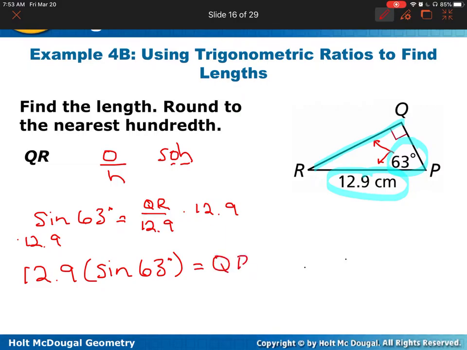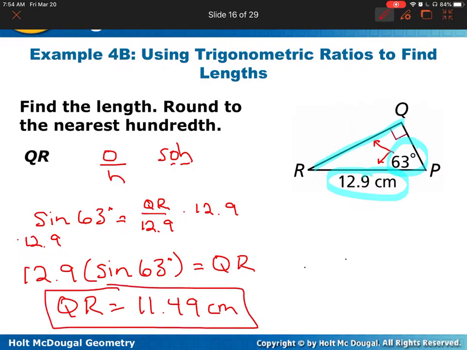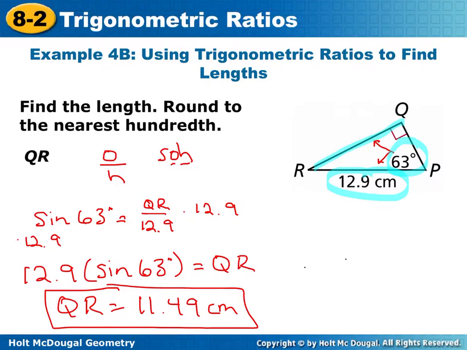All of that equals QR. So then QR is equal to 12.9 times, and we get 11.49 centimeters. 11.49 centimeters, and that is QR.